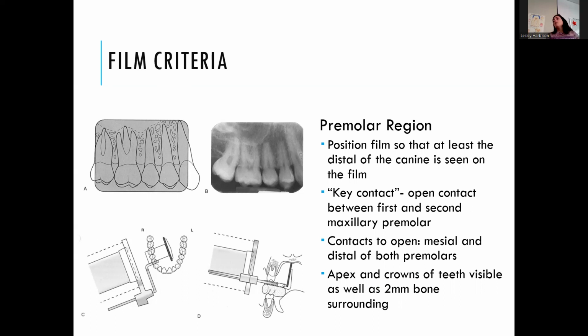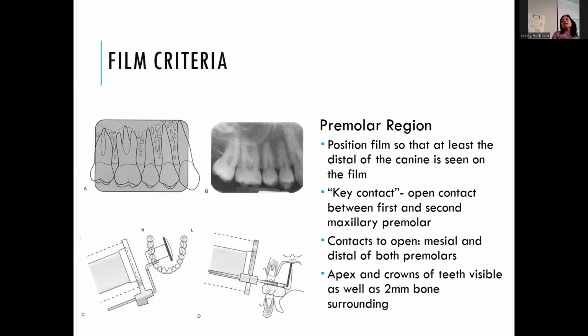For bite wings, it's maxillary. If you're on the mandible and taking a mandibular PA, it's obviously not the maxillary. So you might want to make a note of that. That's a typo.